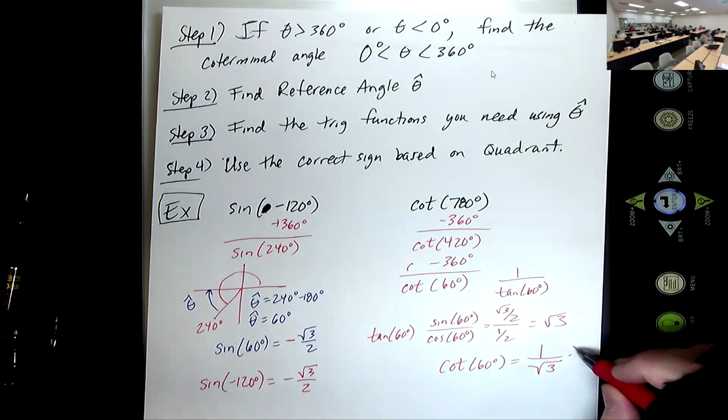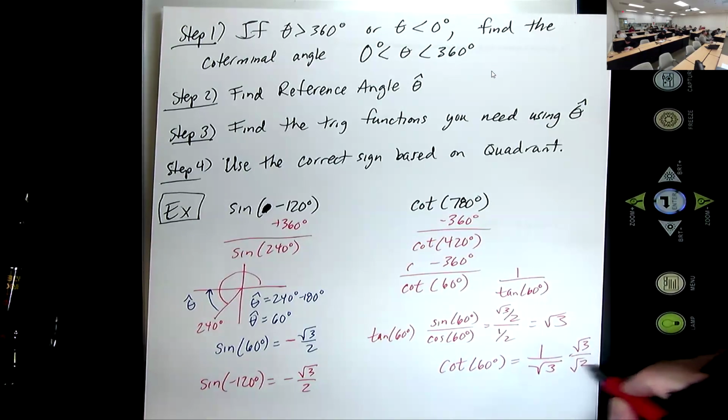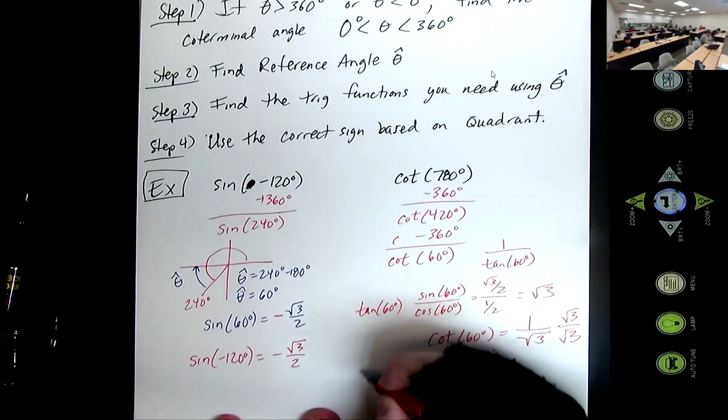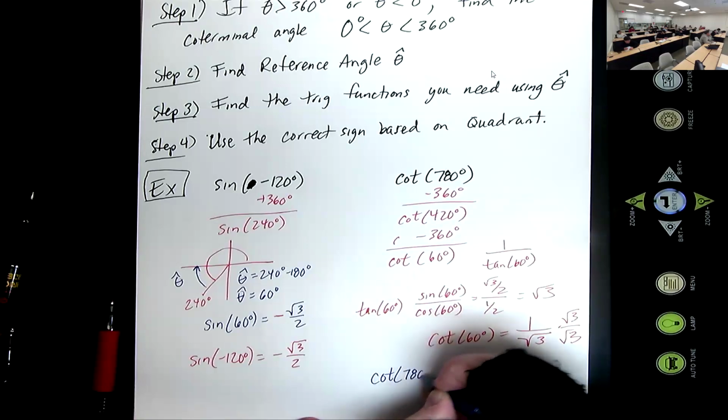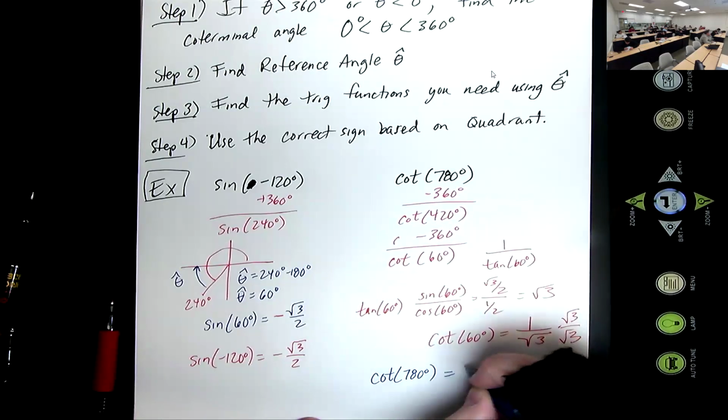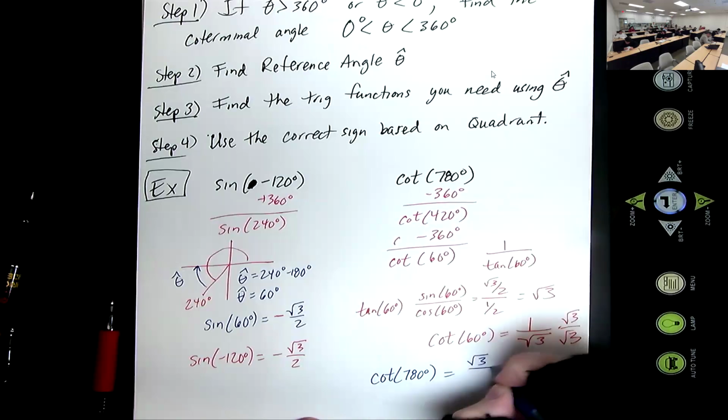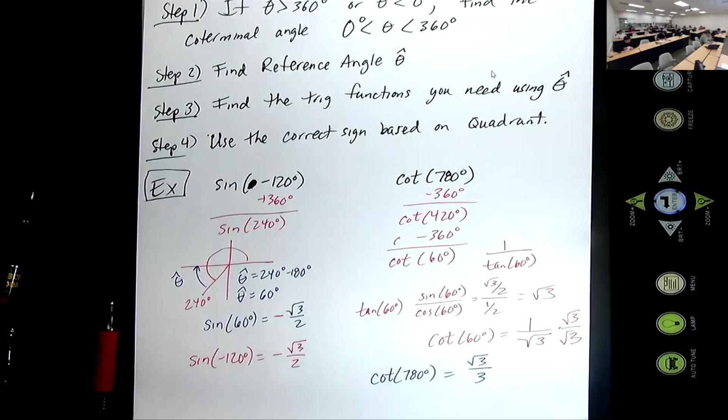And we don't like the radical on the bottom, so we multiply top and bottom. We're gonna get cotangent of 780 equals square root of 3 over 3. And we're in the first quadrant, so everything is positive here.